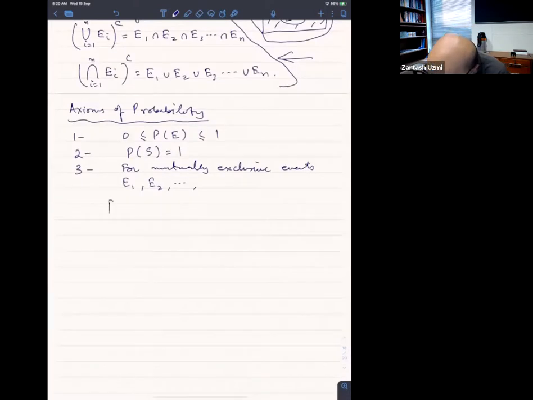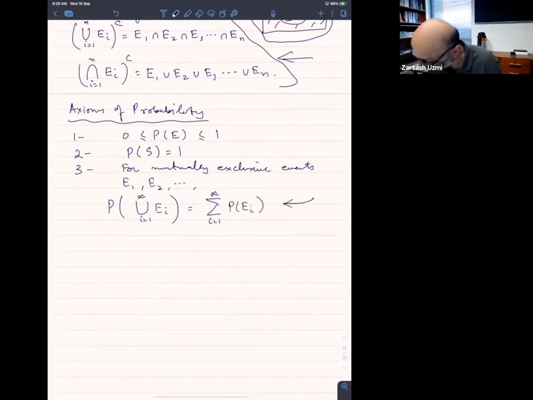The probability of the union of these events, i equal to 1 to maybe infinity, Ei, events जितने मर्जी आप define कर दें exactly, would be equal to the summation i equal to 1 to infinity of the probability of Ei.